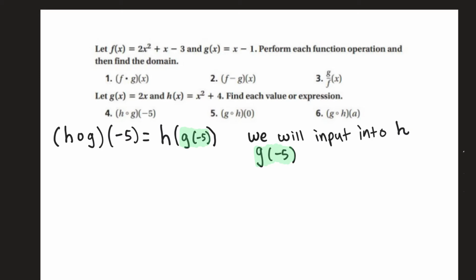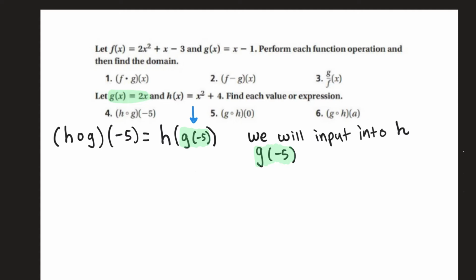So in order for me to input g of negative 5, I will have to evaluate what's inside the parentheses, or whatever here is an input. So I'm going to go to function g, and I'm going to highlight it. Here's function g. They do give you the equation. So let's do that apart.